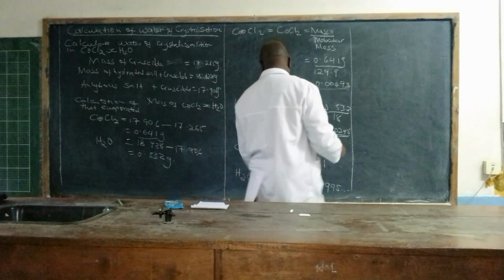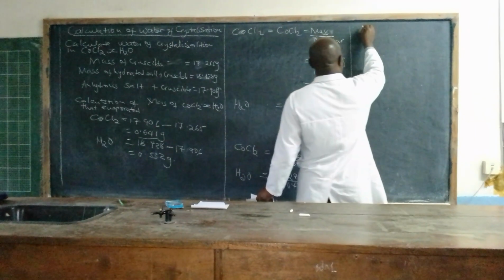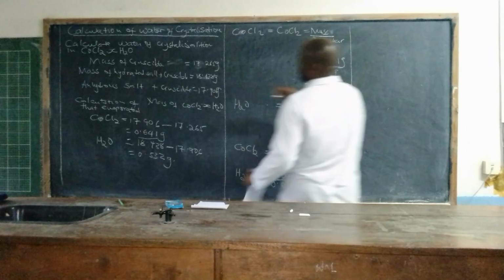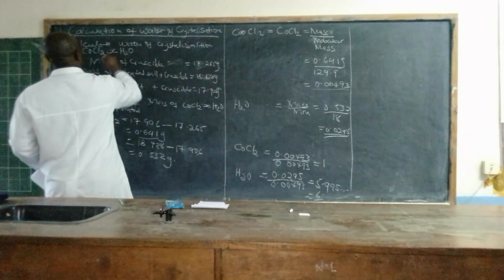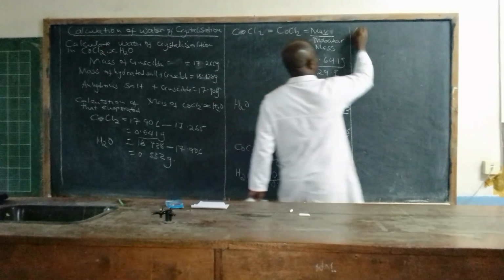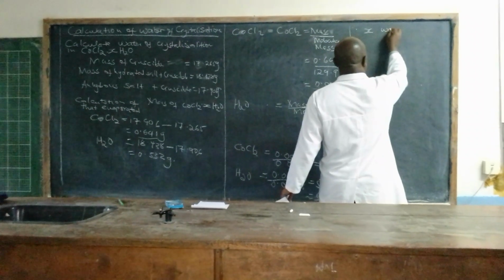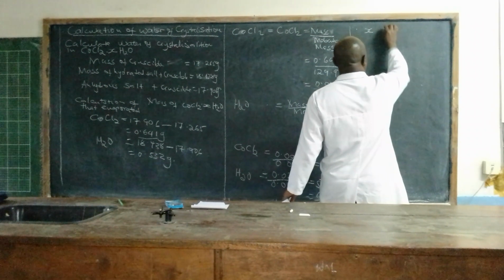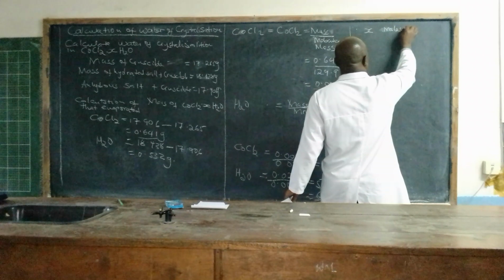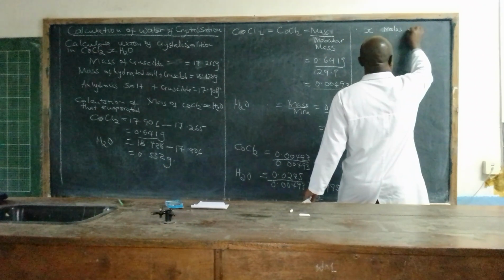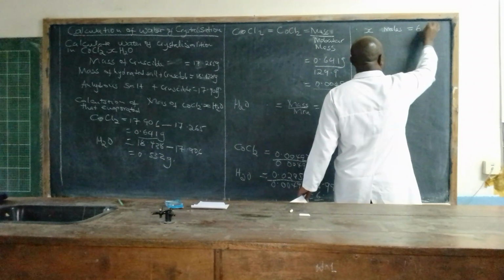So we have found that the water of crystallization X, the number of molecules, is equal to 6.